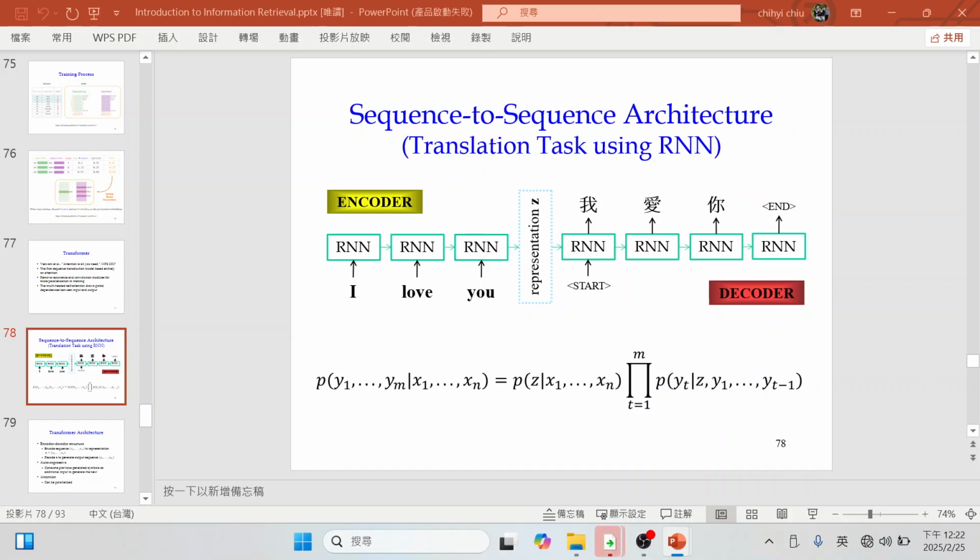It makes sense because we write words one by one, so it tries to imitate how we write our sentences.